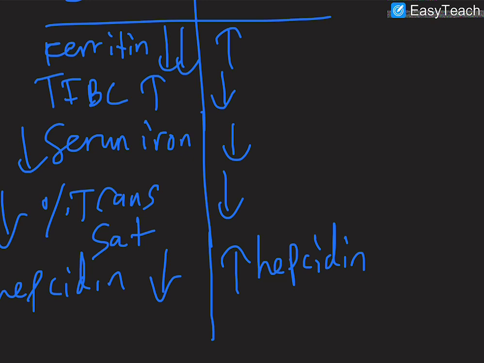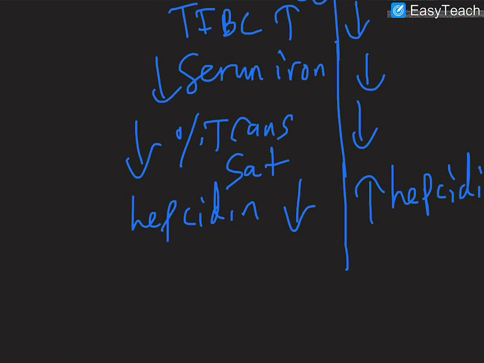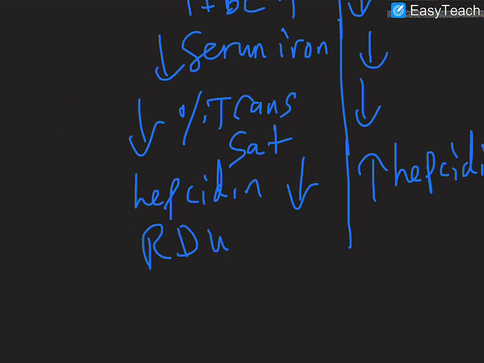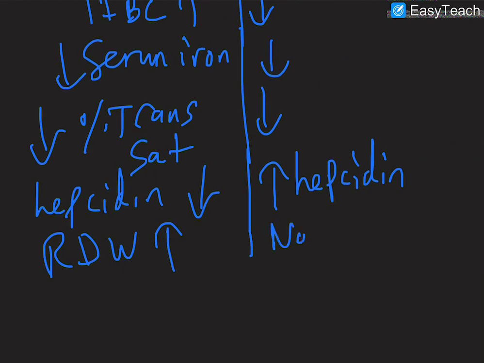So hepcidin is high in anemia of chronic disease. And then we said the red cell distribution width in iron deficiency anemia is high, but it's relatively normal in anemia of chronic disease. Okay, so that's basically it.